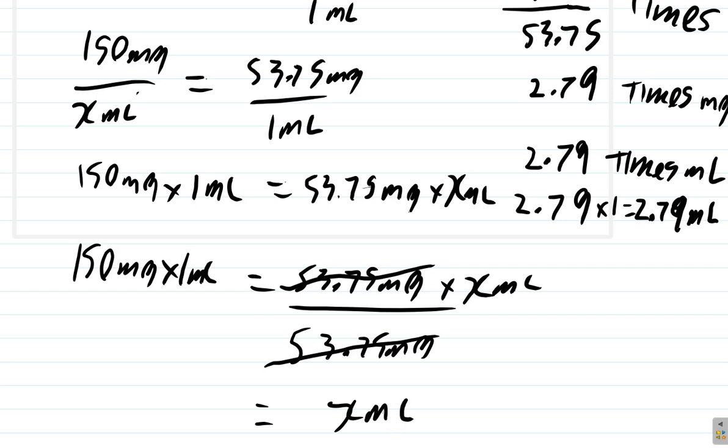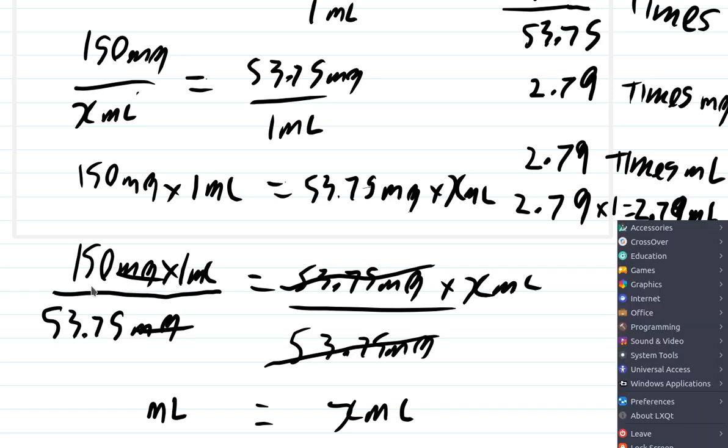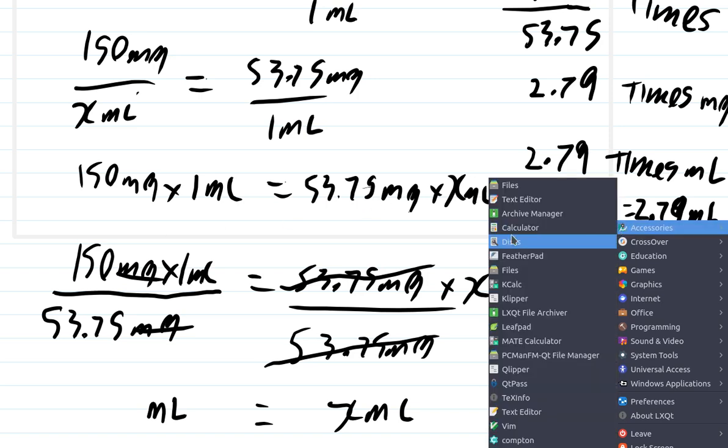But if you divide the right hand side, you must divide the left hand side also. So you're dividing by 53.75 milligrams. Milligram will cancel milligram. So you see milliliter is left. 150 divided by 53.75 is what?